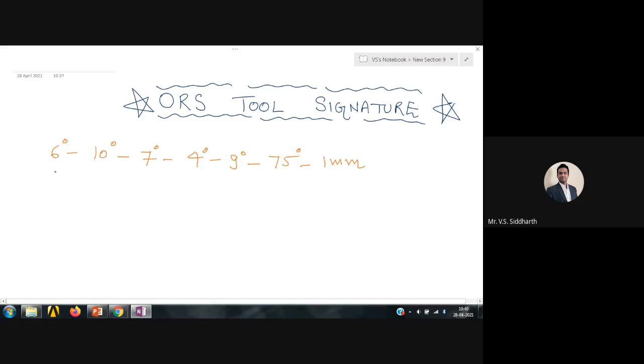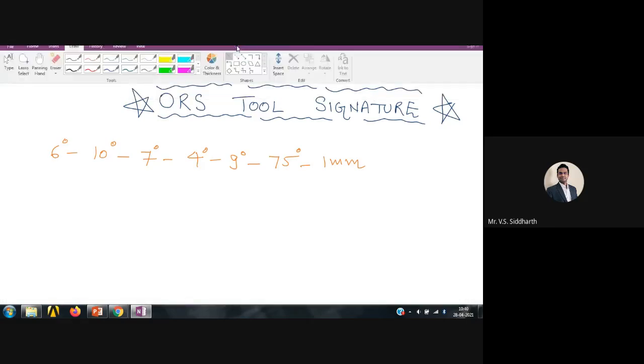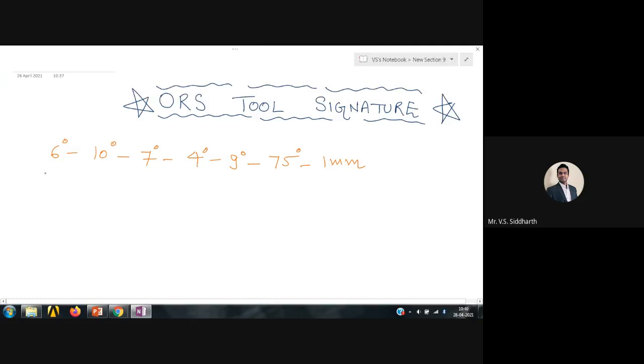So here the first angle is known as what? Can anyone tell me? Here the first angle is known as inclination angle.